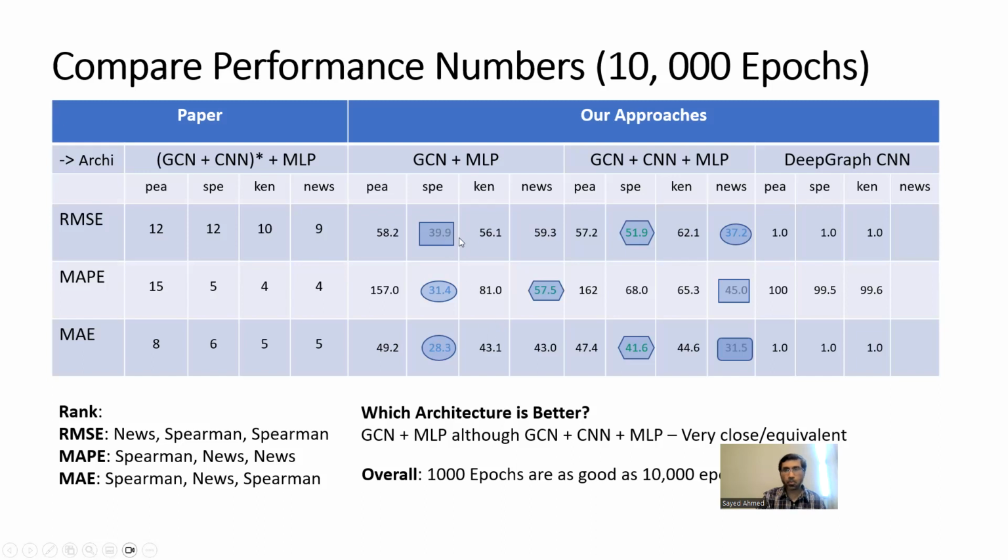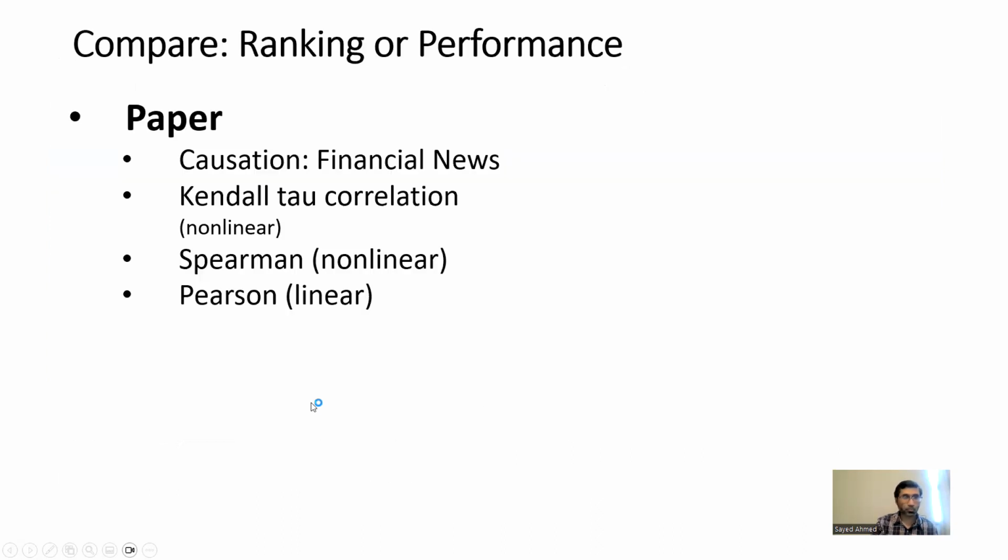If I see the second best and two of them are lowest, that's why I put GCN plus MLP as maybe slightly better, but overall GCN, CNN, and MLP is very close and equivalent. And if I consider only RMSE, then definitely GCN, CNN, and MLP performs better in terms of higher epochs.